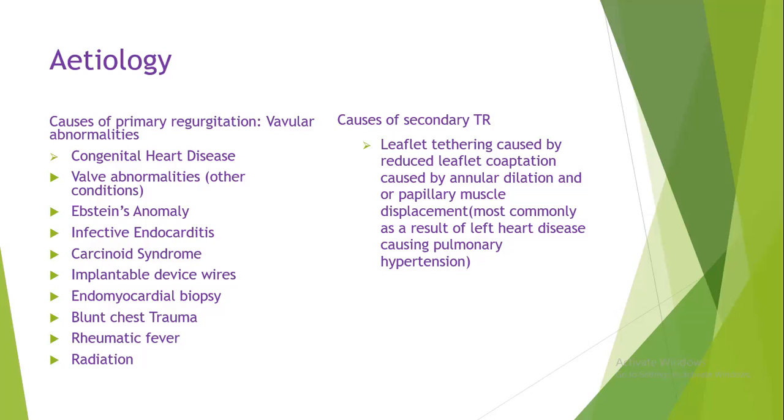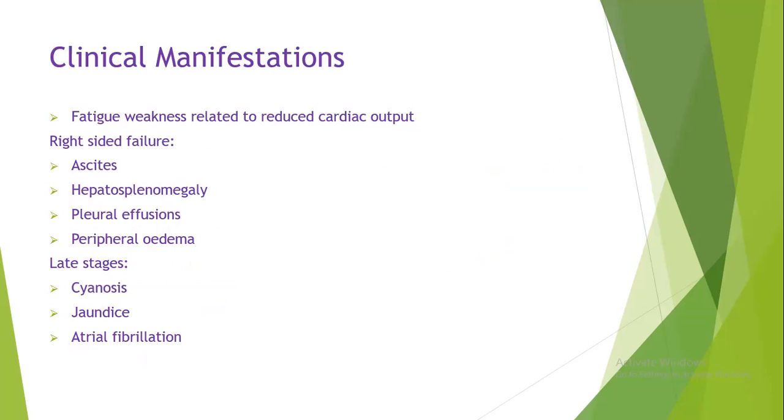On the other side, we have causes of secondary tricuspid regurgitation: leaflet tethering caused by reduced leaflet coaptation caused by annular dilation and or papillary muscle displacement, mostly as a result of left heart disease causing pulmonary hypertension.